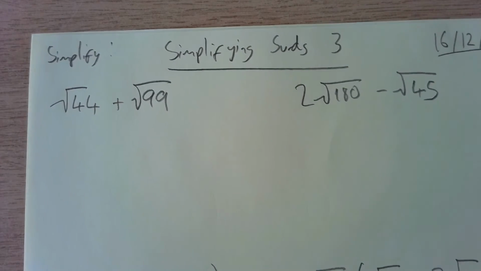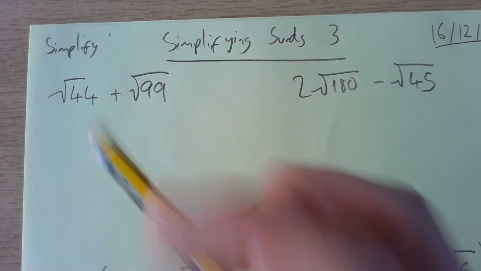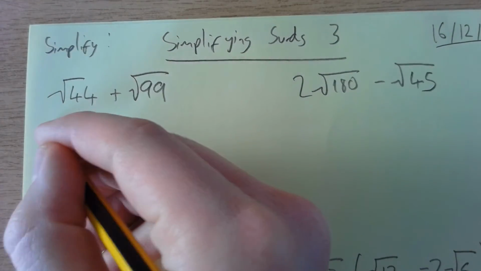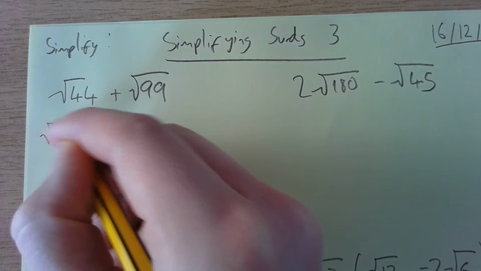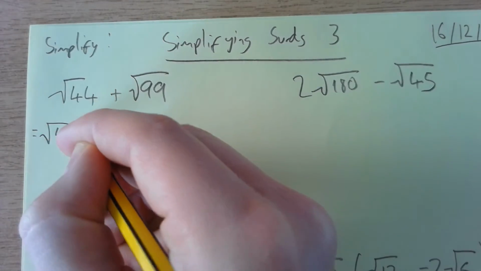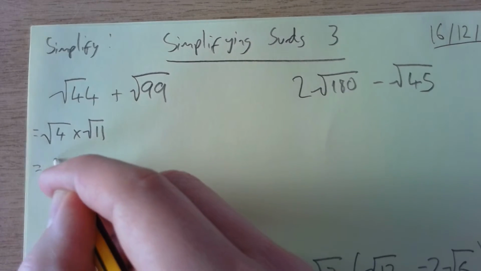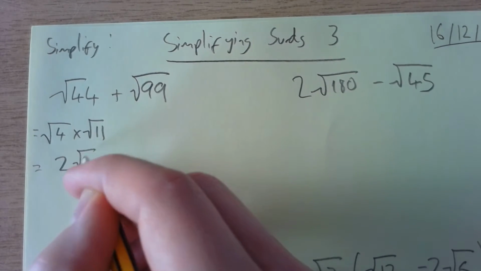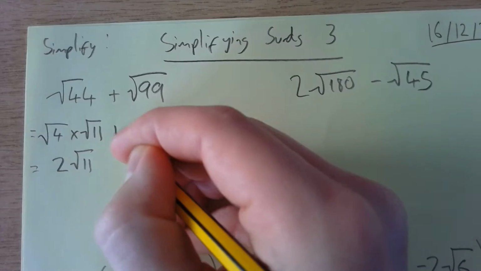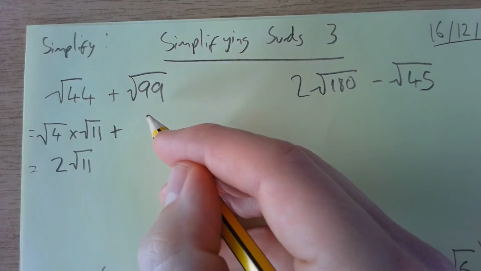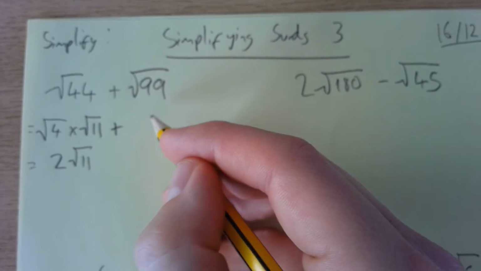So first I'm going to have a look at root 44, which I can see has a factor of 4. So it's the same as root 4 times root 11, which means it's the same as 2 root 11. Then I'm going to have a look at root 99, which has a factor of 9.